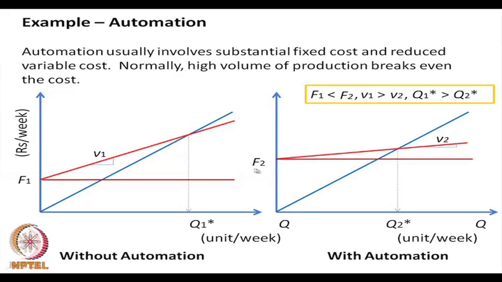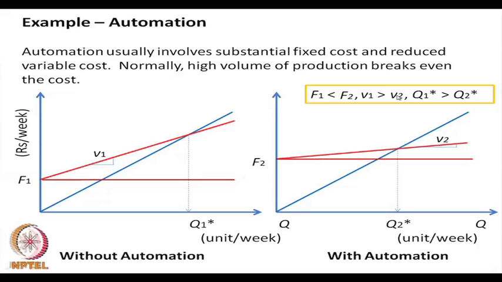So, F2 becomes higher than F1, but less manpower, less power consumption may also be there. So, V2 is the slope of the variable cost line, which is less than the slope of the original case, that is V1. F1 is less than F2, V1 is greater than V2.